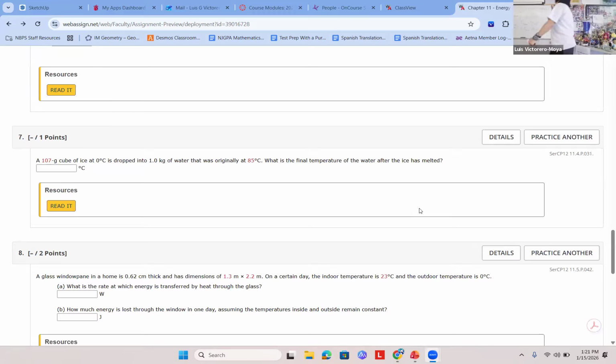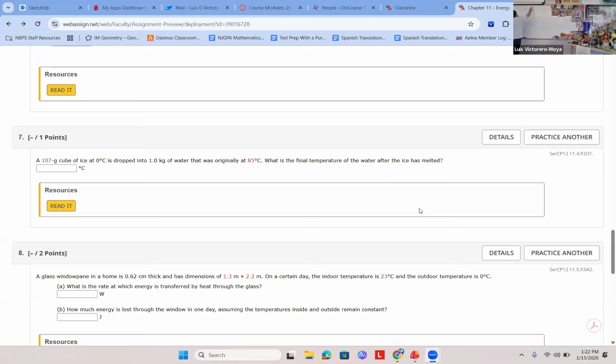Okay, this is a nice problem because we're doing equilibrium. So you have 107 grams. Remember, guys, you want to convert those grams into kilograms, right? So let's draw the picture here. You have 1 kilogram of water and you have ice that you want to drop.